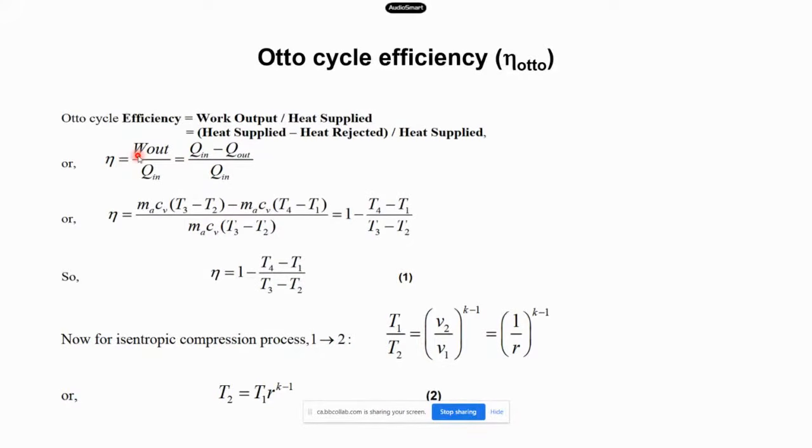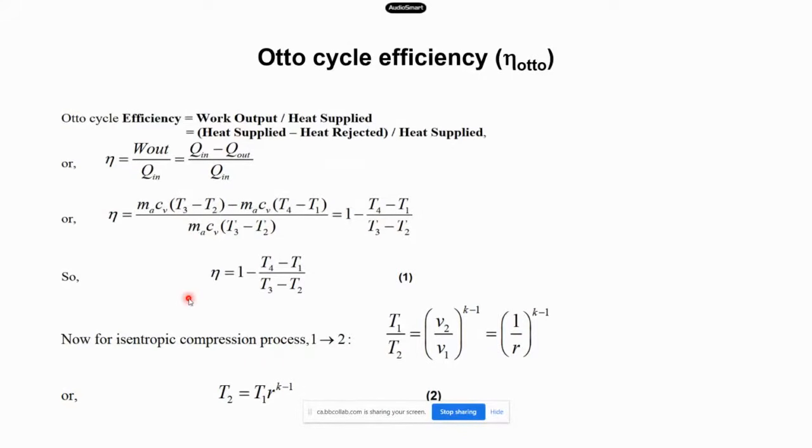This is according to the first law. So if you want to continue from there, you can say Q in divided by Q in is going to be 1 minus Q out over Q in. Q out is between 4 and 1, Q in is between 3 and 2. All of this mass and the CV, because the heat rejection and heat addition take place at constant volume, will cancel.